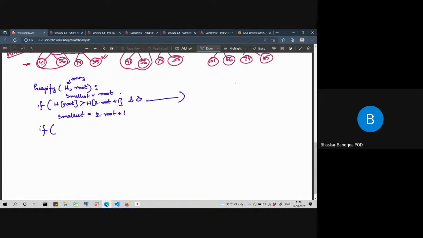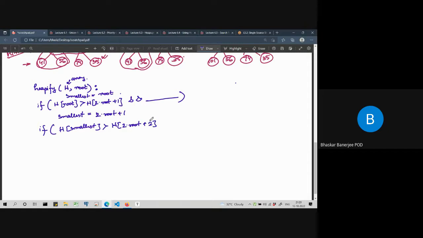So I initialize smallest with 2 into root plus 1, which is the left child. And if that is the case, I would check h of smallest. If that is larger than h of 2 into root plus 2.